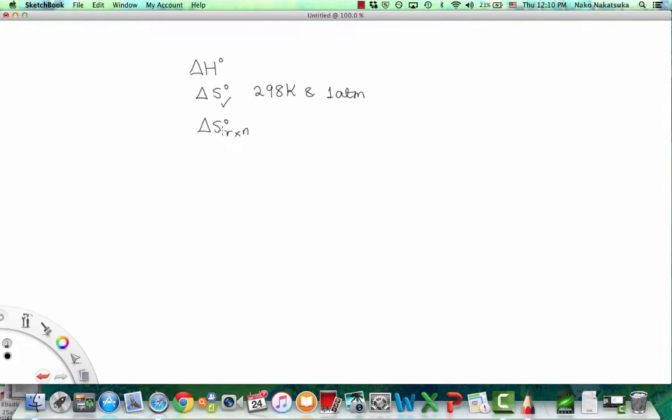So I'm going to go over this very briefly because it's the same exact reaction for what we did for the enthalpy values. So the delta S of the reaction is equal to the sum of the individual standard entropy values of the products minus the sum of the standard entropy values of the reactants.